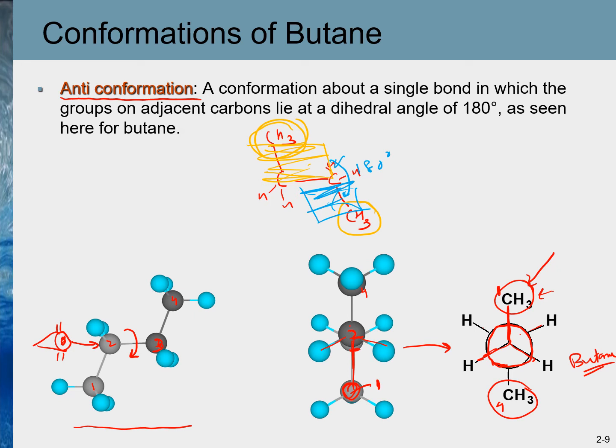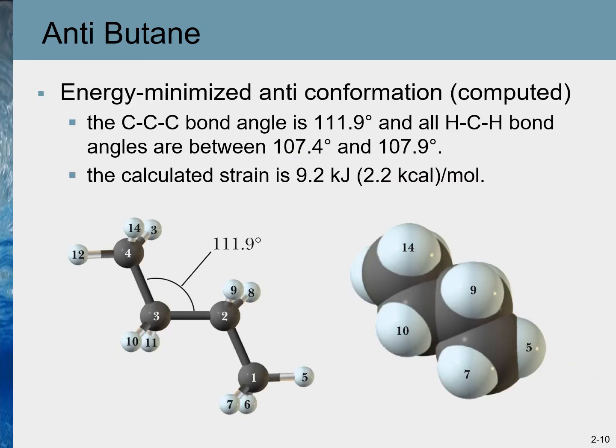So this is the most stable conformation of butane. As discussed earlier, in the case of butane, angle strain and steric strain also contribute along with the torsional strain to conformations of butane.